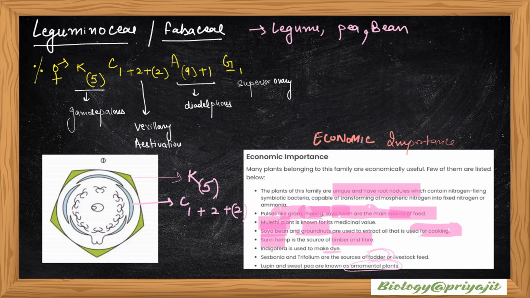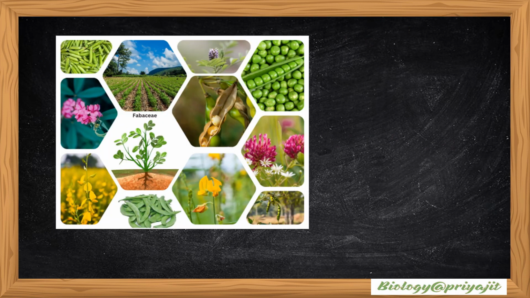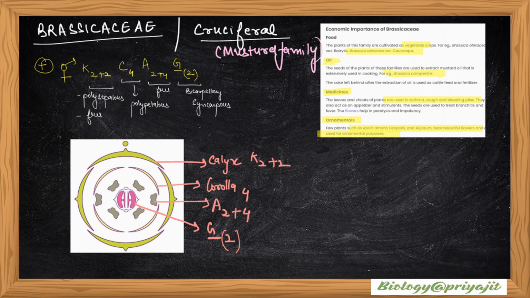Mulethi plant is known for its medicinal value. Soybean and groundnuts are used to extract oil, that is used for cooking. Sunn hemp is used for the timber and fiber. Indigofera is used for making dye. Sesbania and Trifolium are the sources of fodder or livestock feed. Lupin and sweet pea are known as ornamental plants. This is the diagram of Fabaceae plants.